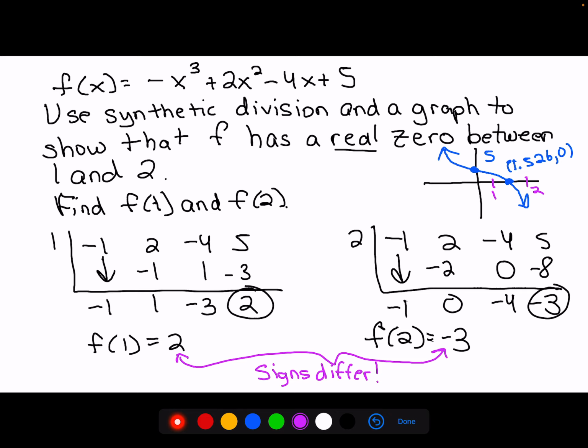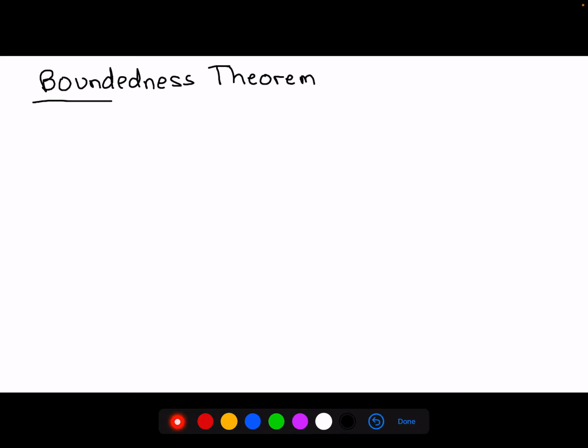All right, let's next talk about something called the boundedness theorem. All of these things can help us when we're trying to find zeros and graph these functions. It can help us narrow things down faster. Boundedness theorem. All right, what does this say?